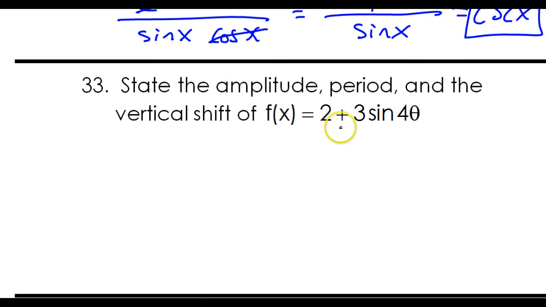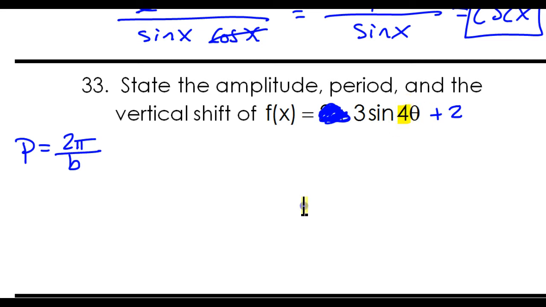Okay, let's look at another graph. Understand this +2 that's here on the front. We're used to seeing it on the end, so I'm just going to move it. So let's talk about the period. The period is 2 pi divided by the b value. The b value is this 4 right here.